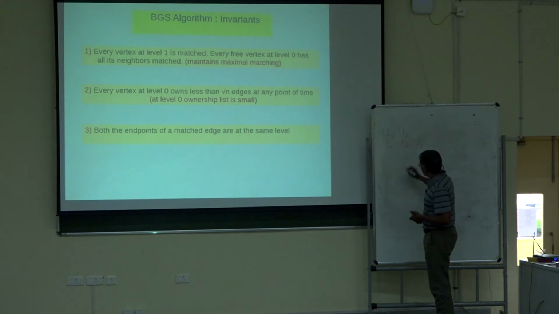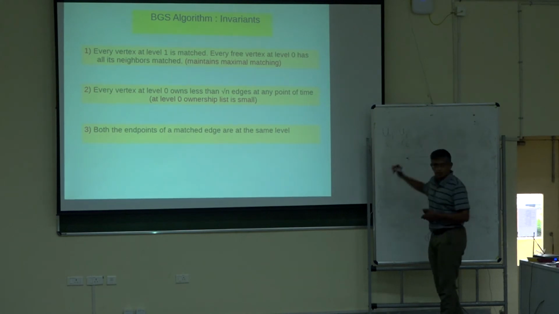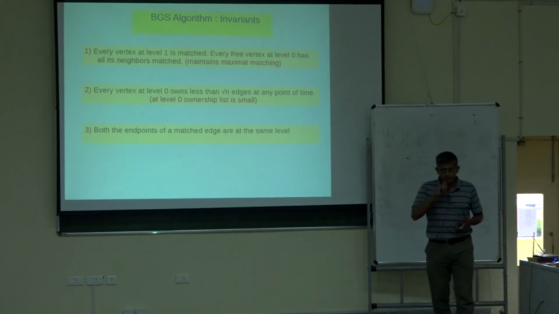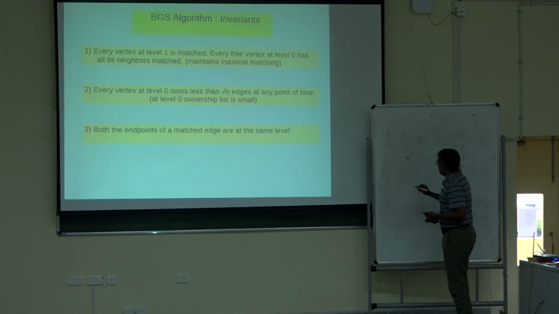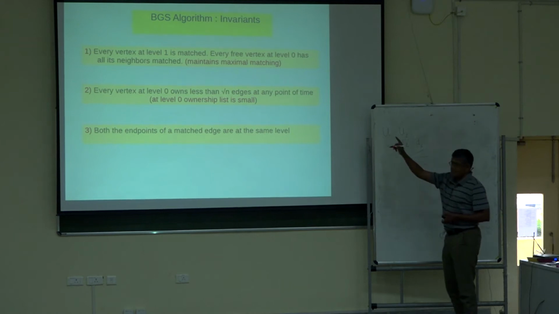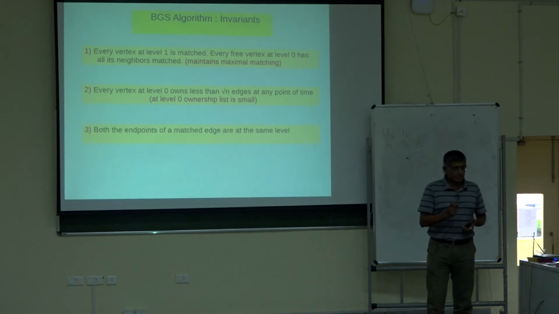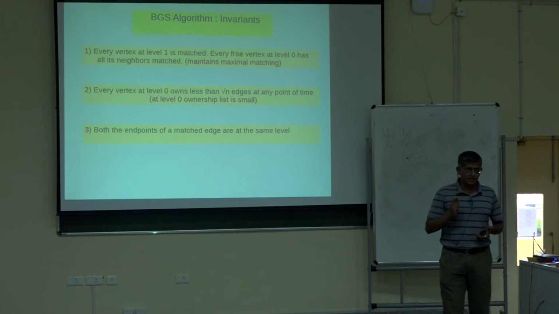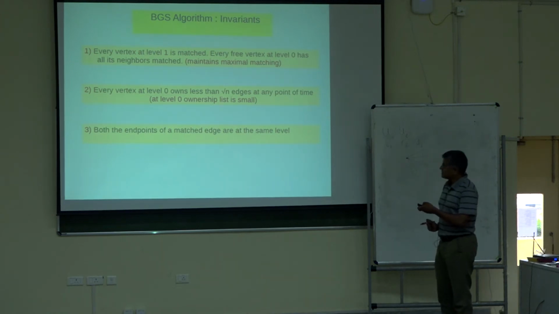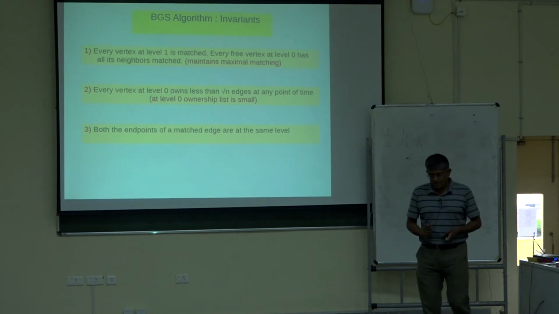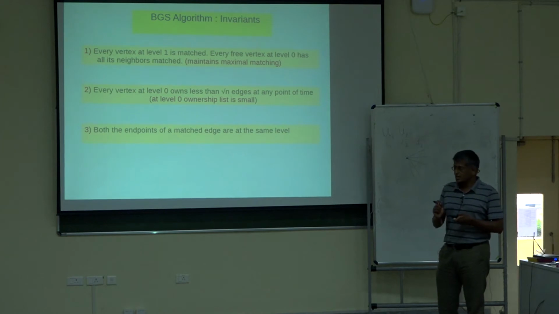Now let's look at a vertex which has a high ownership list at some point in this algorithm. By these invariants, I should ensure that this vertex goes to level 1. And in level 1, I must ensure that this vertex is matched. How am I going to choose my partner?